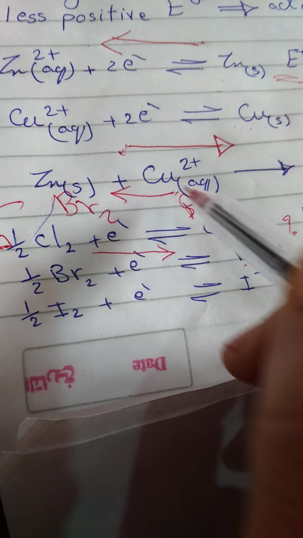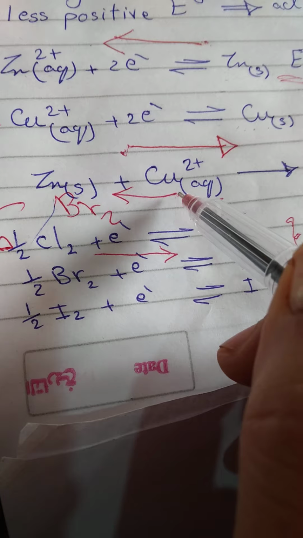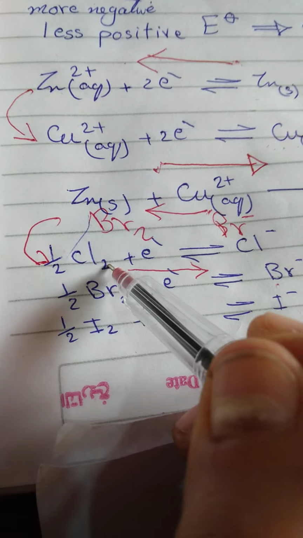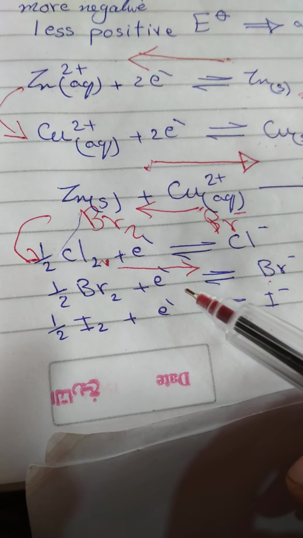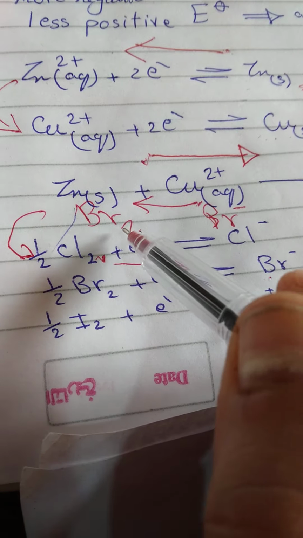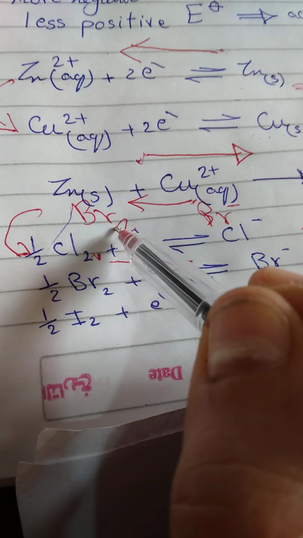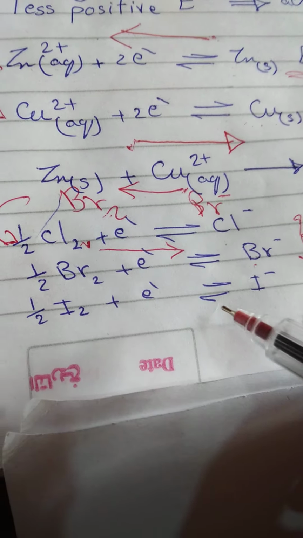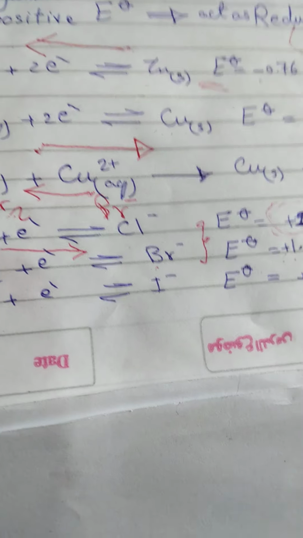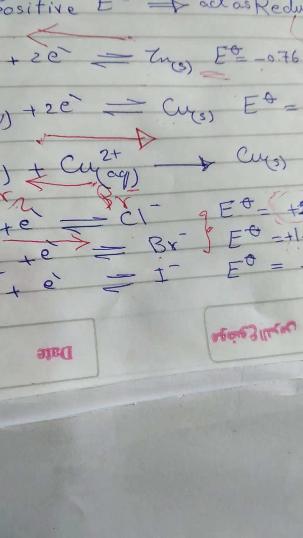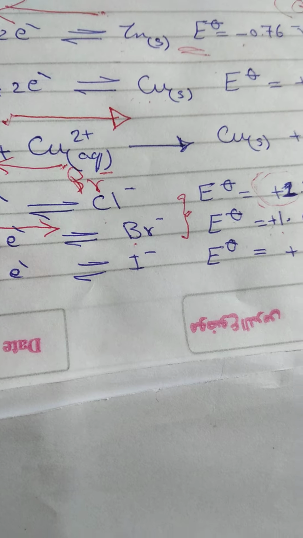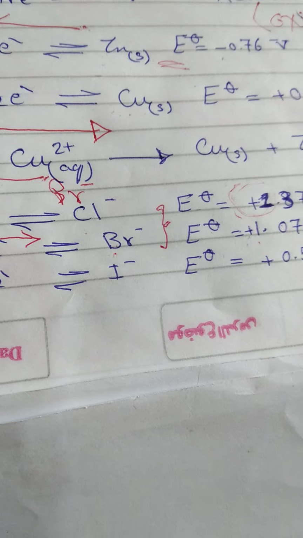The start of the arrow is your reactant. So bromide and chlorine will react to produce bromine as a product at the head of the arrow, and chloride ions.